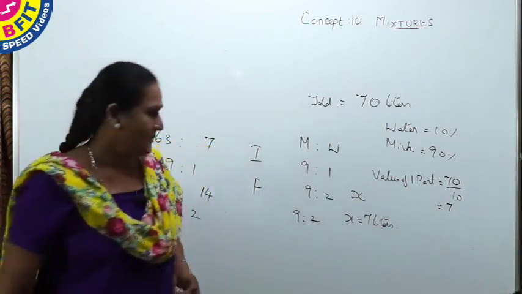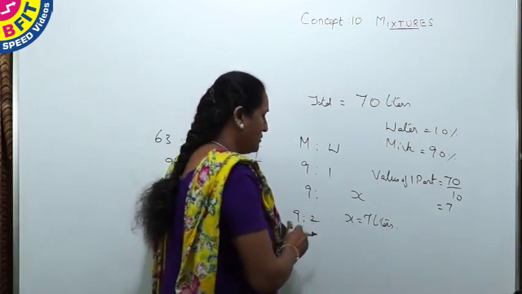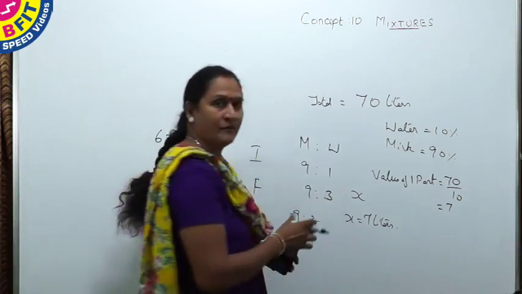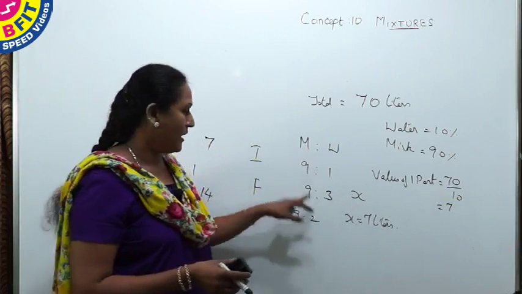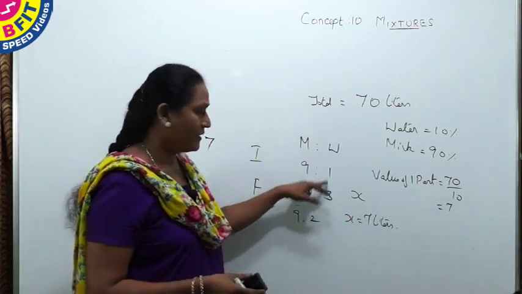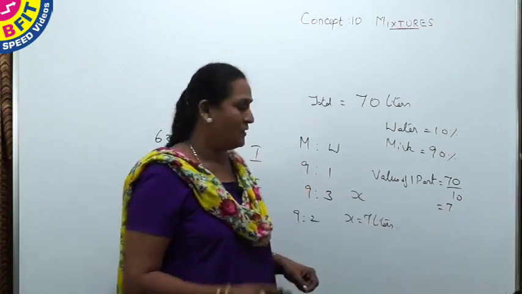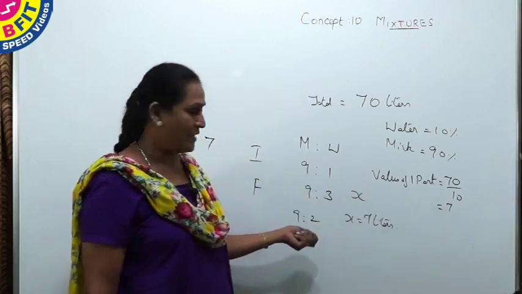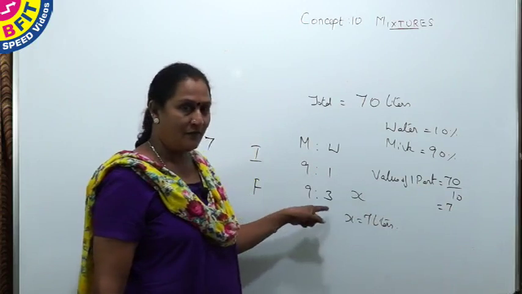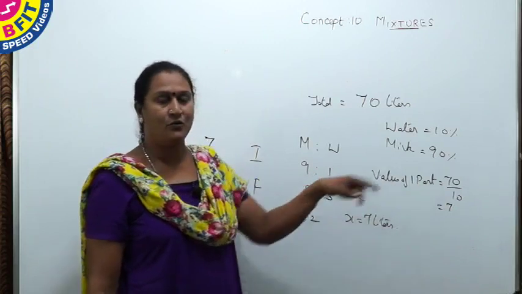So for example, if the ratio is 9:3, you are adding water and milk remains the same and water is increased by 2 parts now. So we have got 1 part as 7. So when it is increased by 2 parts, the value of water added will be 2 parts, that is 7 into 2, 14.